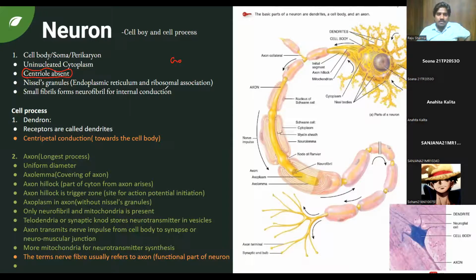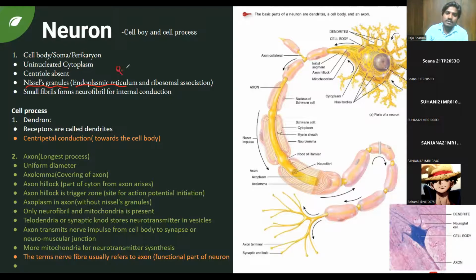उसके बाद next is what, Nissl's granule, which is very very important for the functioning of the neuron. Okay, and this Nissl's granule is unique for the neuron, like it is only present in the neuron. तो ये होता क्या है, actually it is a specialized endoplasmic reticulum which is specialized for the synthesis of different proteins, and that protein is needed for the functioning of the neuron.